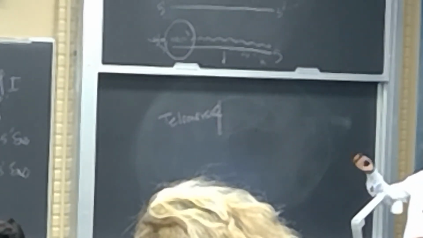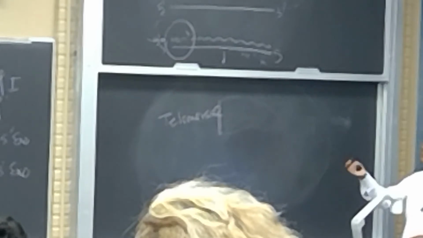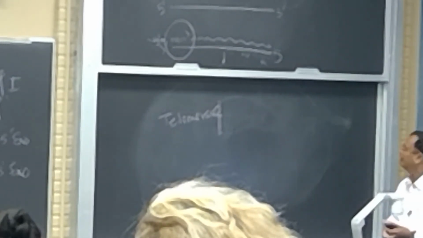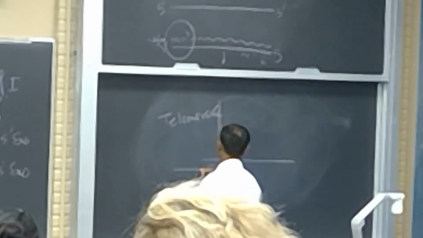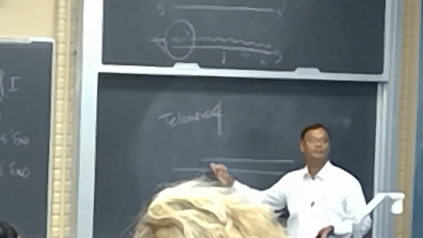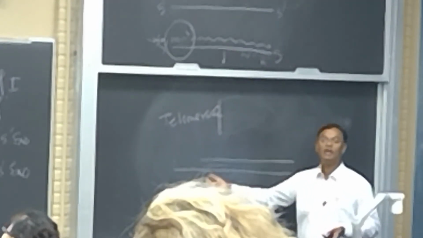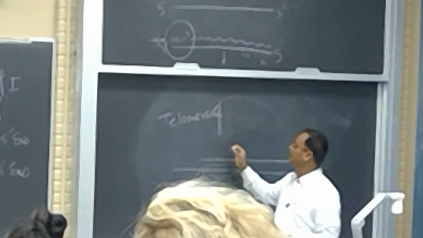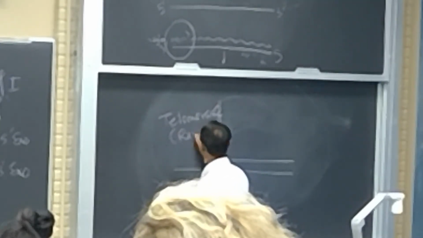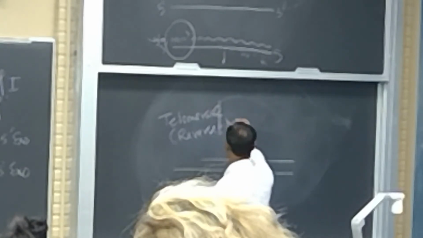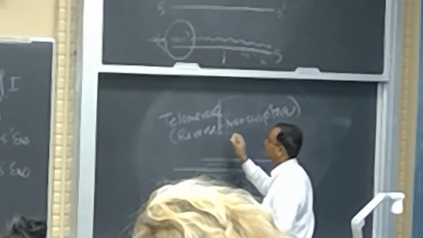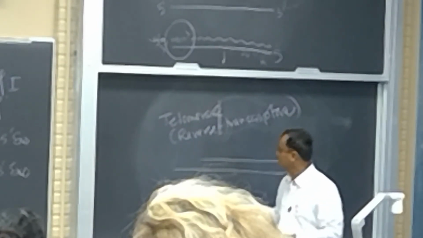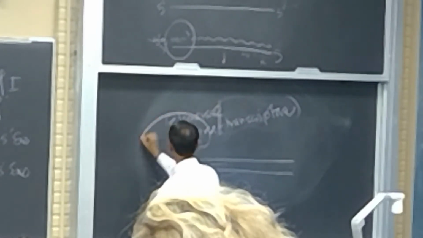Telomerase is critical for replicating these ends of the telomere. You need a primer; that's the problem for replication at the end of the DNA. What telomerase does is that it's a reverse transcriptase-like enzyme. It supplies an RNA which is integrated with the enzyme.